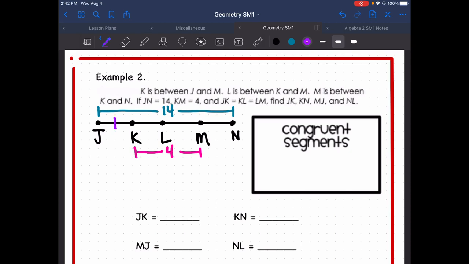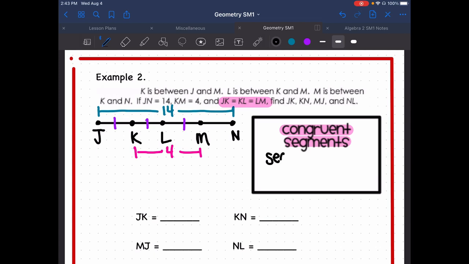JK is the same as KL, is the same as LM. And we're going to have to go ahead and find this. So when I have something like this, these are what are called congruent segments. These are segments that are equal in length.